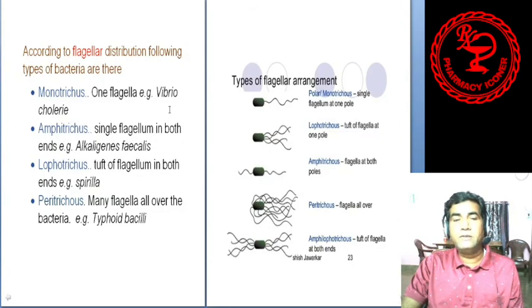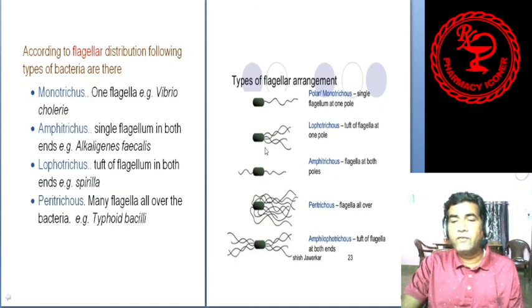Now flagella could be present in different types of bacteria. According to flagella distribution, there are many types. Monotrichous is where one single flagellum is present. Amphitrichous is where a single flagellum is present at both opposite ends, at both poles.